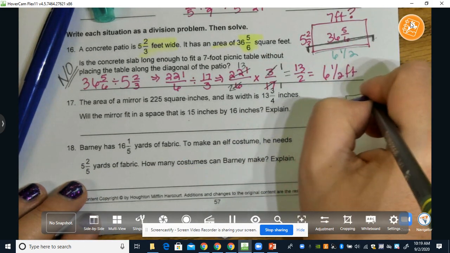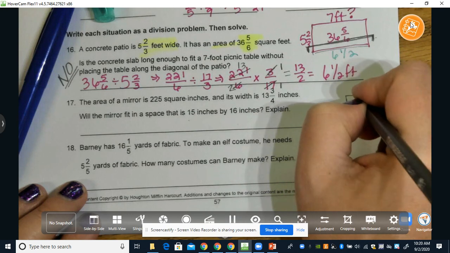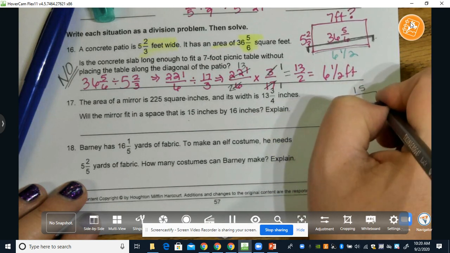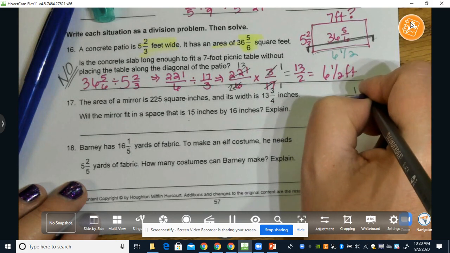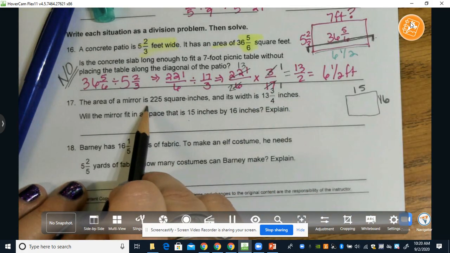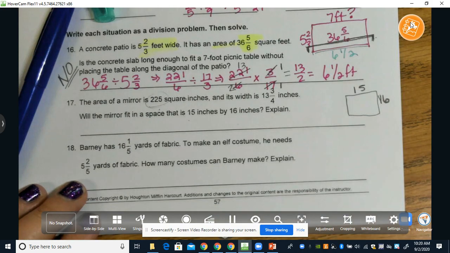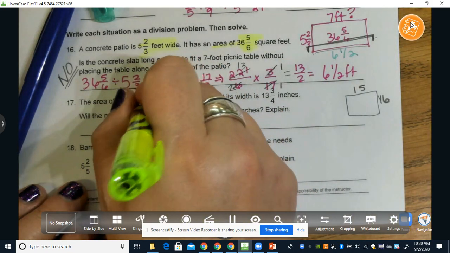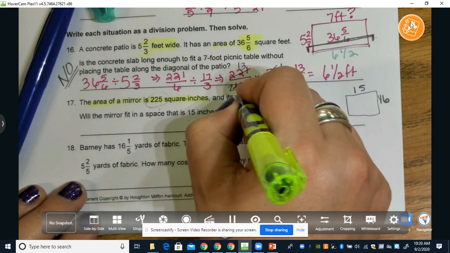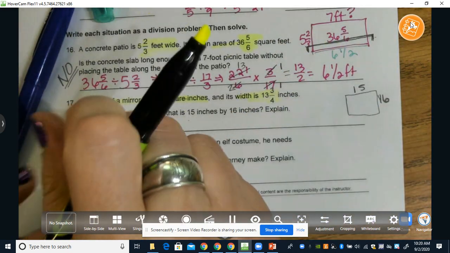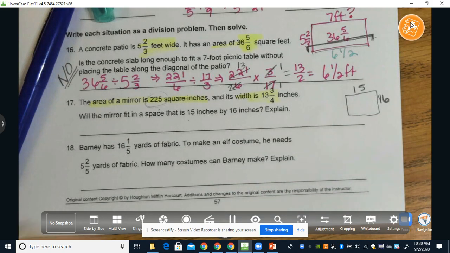If I have a space of 15 by 16, this is like my wall space. So I need to figure out if this is going to fit the mirror that has a 225 square inch area. So I have my area and I have a width. I'm missing the length. I don't know how long it will be. So we need to figure that one out.